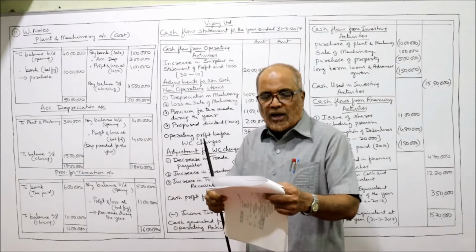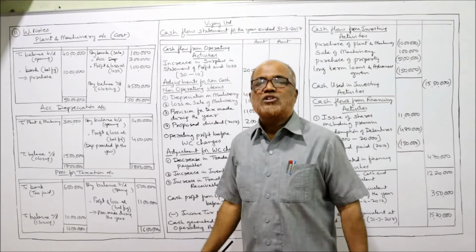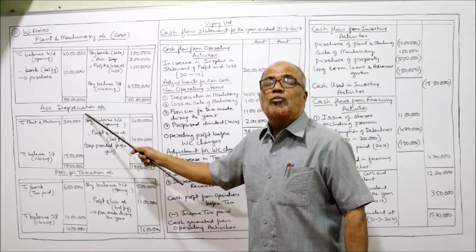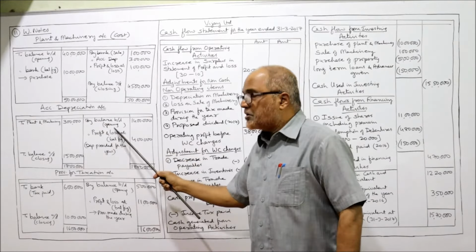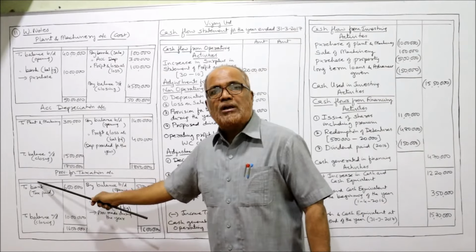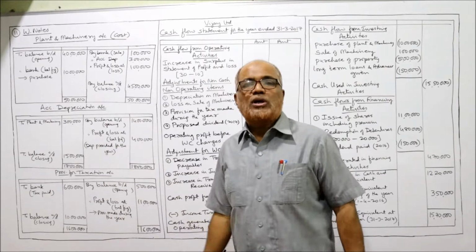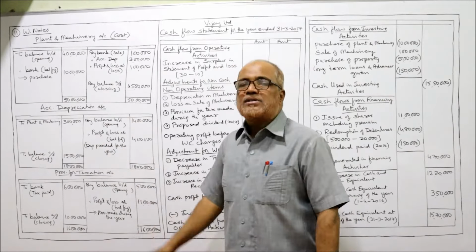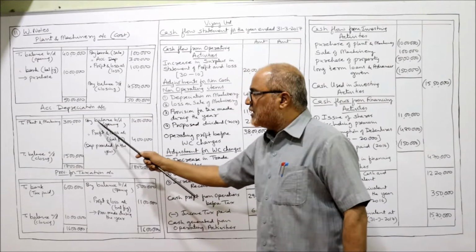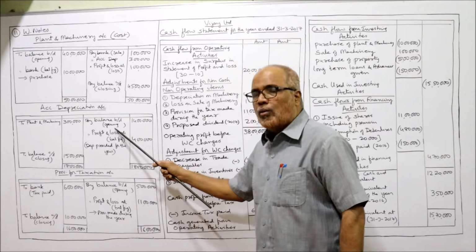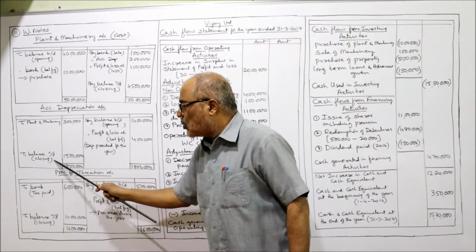Next one, provision for depreciation. Provision for depreciation means accumulated depreciation. Now opposite: opening balance on credit side, closing balance on debit side. Because asset will show debit balance, accumulated depreciation will show credit balance. That's why we should take on credit side, by balance brought down opening, to balance carried down closing.